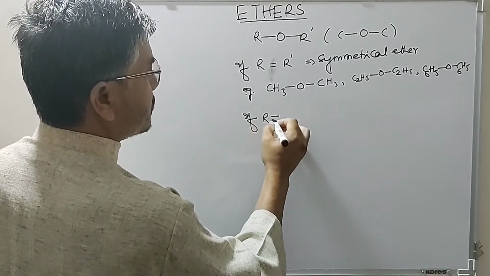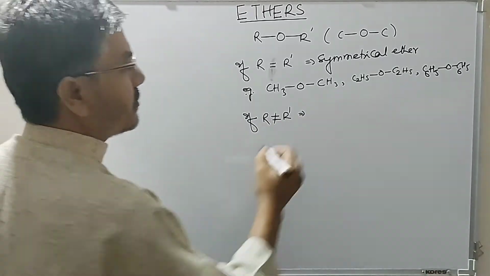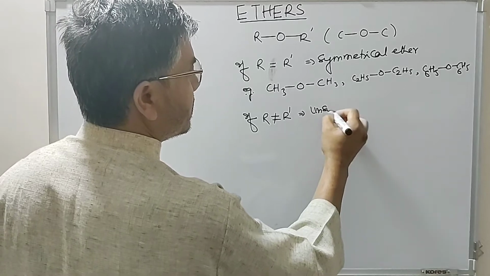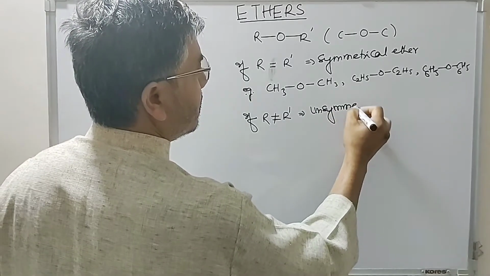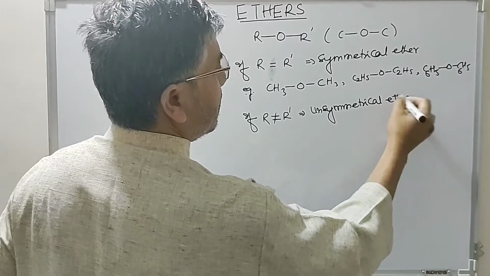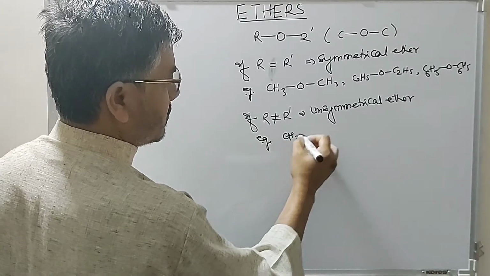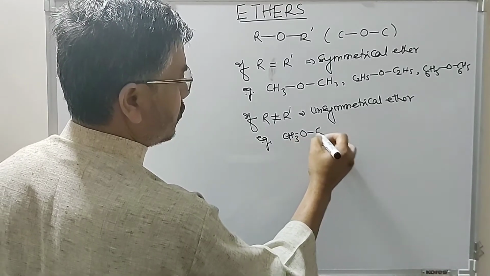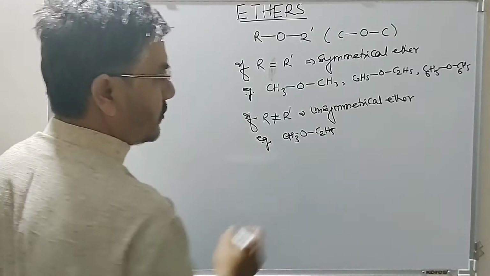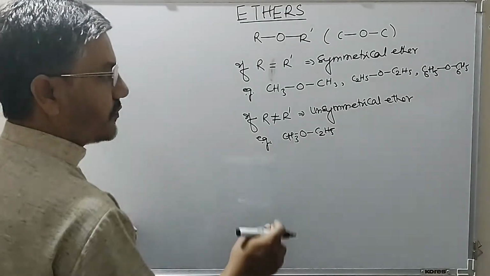If R is not equal to R prime, then these types of ethers are known as unsymmetrical ethers. Take these examples: CH3OC2H5. This is what we call an unsymmetrical ether, as the groups are different.